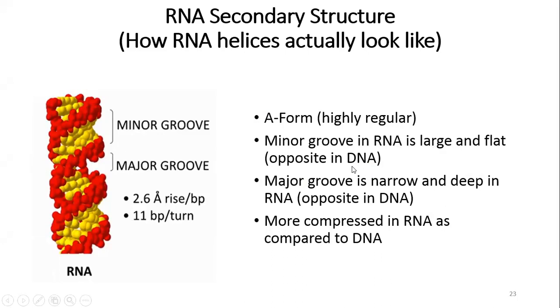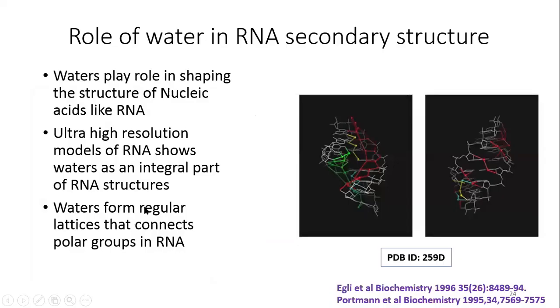In DNA, it is the major groove that is large and flat. The major groove is narrow and deep in RNA, which is opposite in DNA. In DNA, it is the minor groove that is narrow and deep. So the helix of an RNA is more compressed as compared to that of DNA.